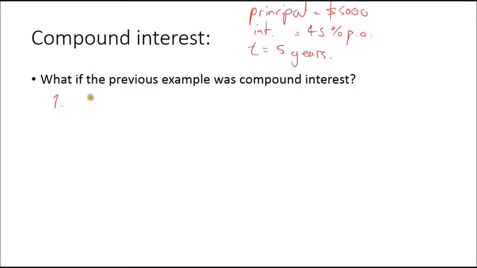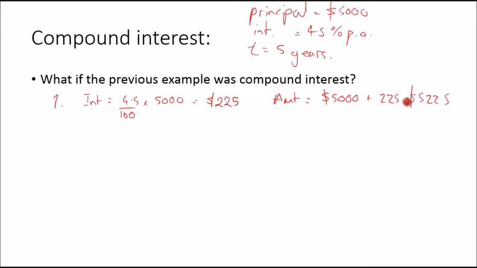The interest is 4.5 over 100 times the principal of 5,000, which is exactly the same as in our first example. It is $225.